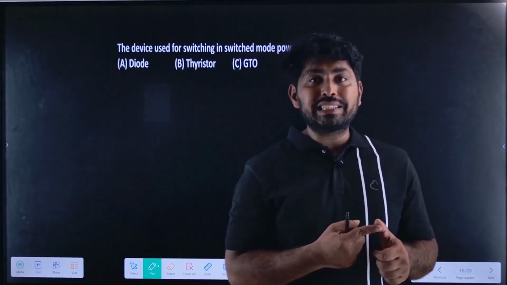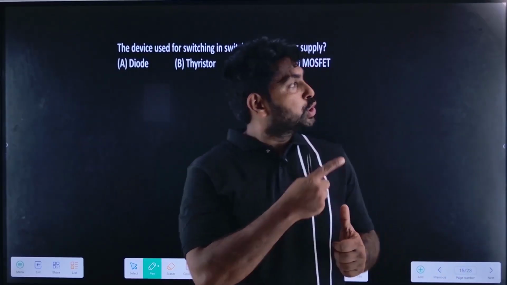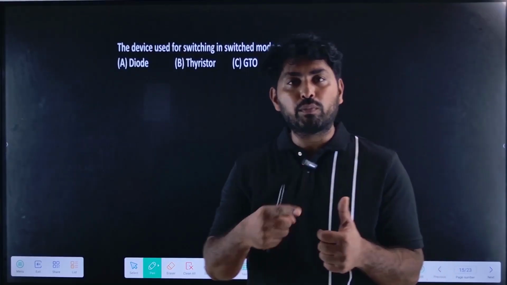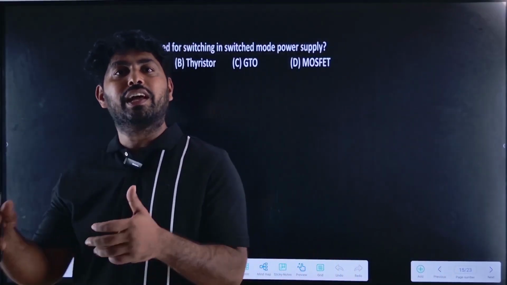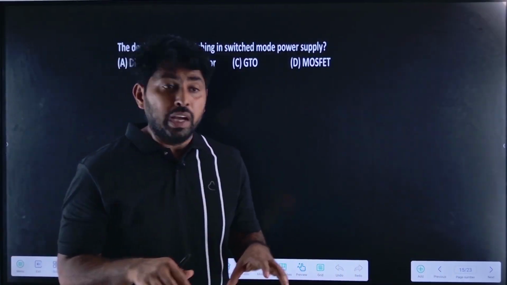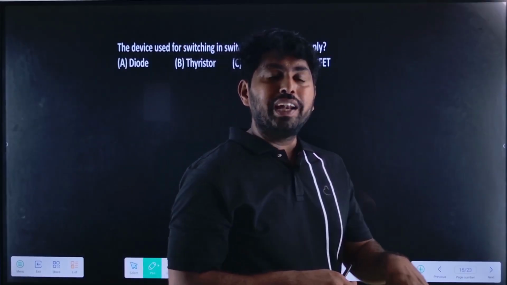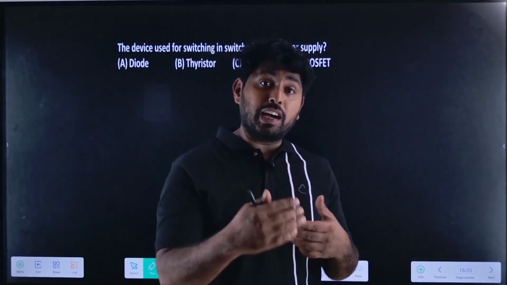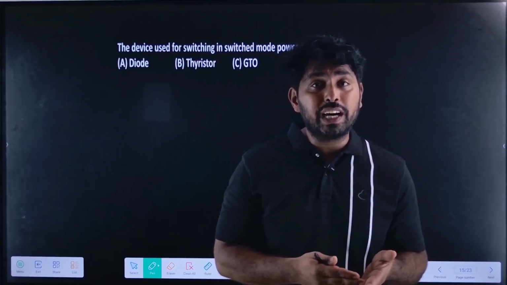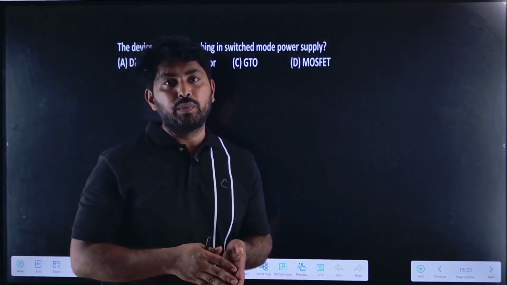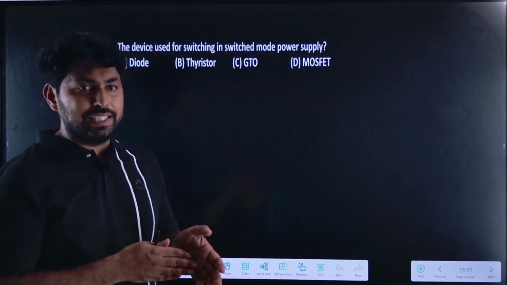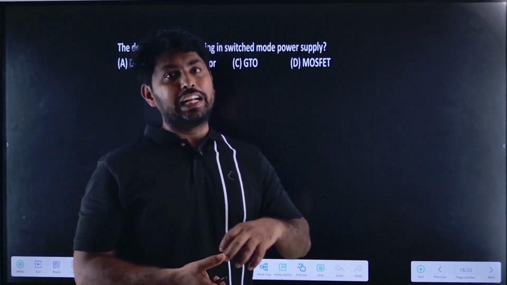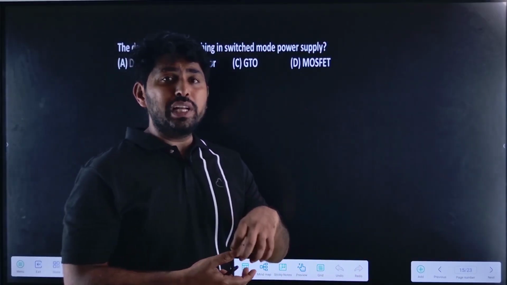What we have derived, like the buck converter, boost converter, buck boost converter, SEPIC converter and Cuk converter, are non-isolated converters. There are also isolated converters, in which the input and output are isolated by a transformer.